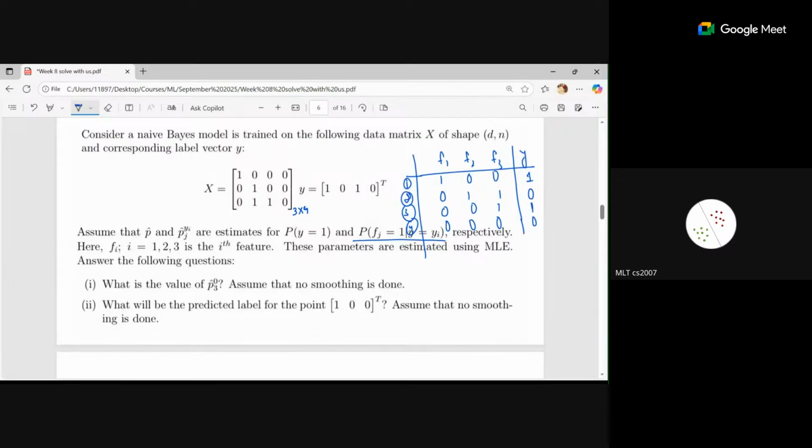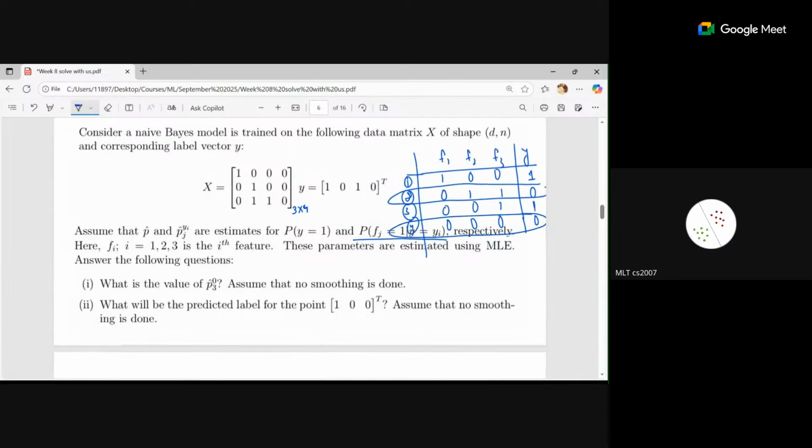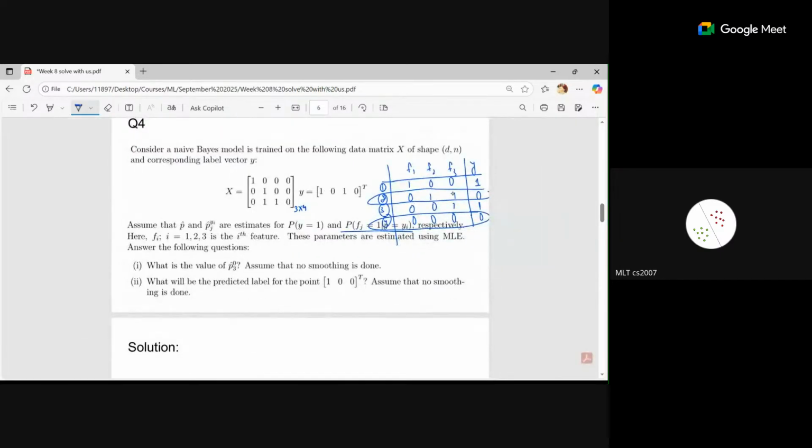So we need to find out P hat 3 of 0, right? So we need to look at the examples where the label is 0, so basically this and this. Now for F3, there is one example with F3 equal to 1, and there is one example where F3 is 0.